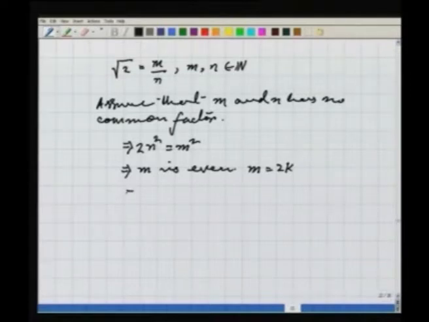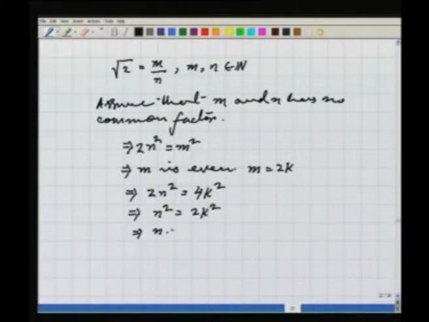Well, this then implies that 2n² is 4k². If I cancel 2 from both sides, it would mean that n² is 2k². That means n into n is an even natural number.